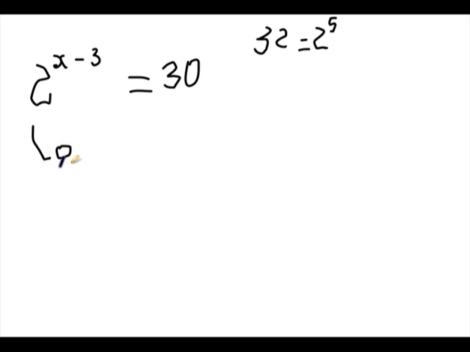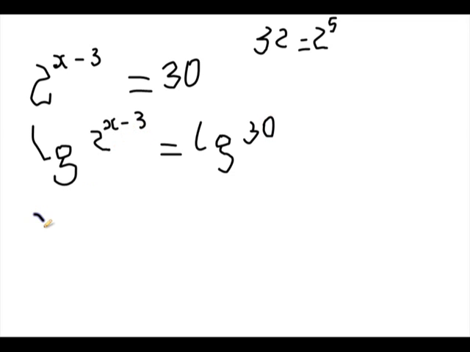That means I have log of 2 to the power of x minus 3 equal log base 10 of 30, and then I'm going to use this formula in logarithm.